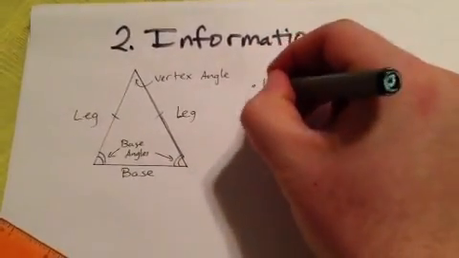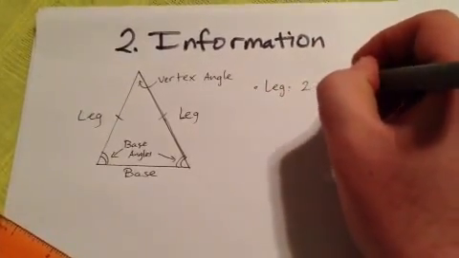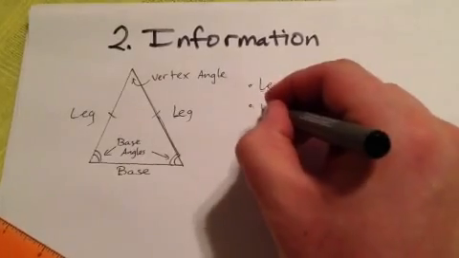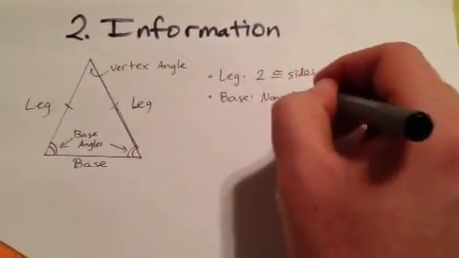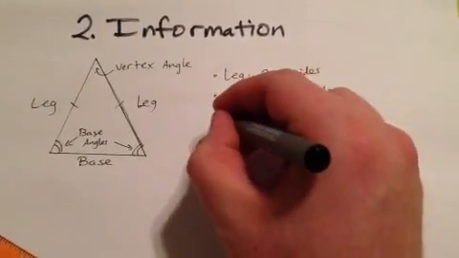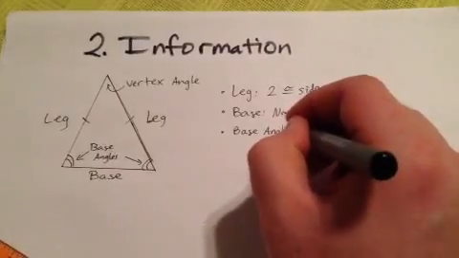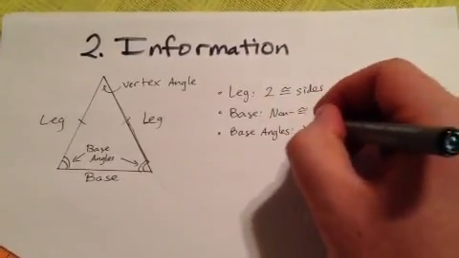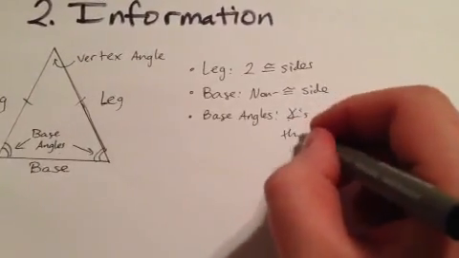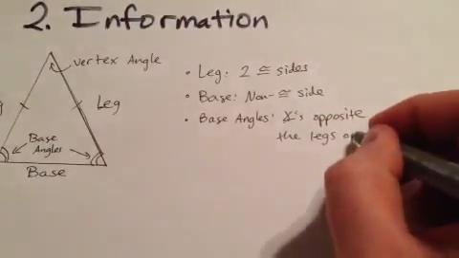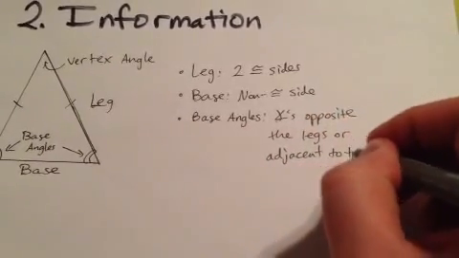So again, the legs are the two congruent sides. The base is the non-congruent side. And the base angles are the angles opposite the legs, or you can say adjacent to the base.